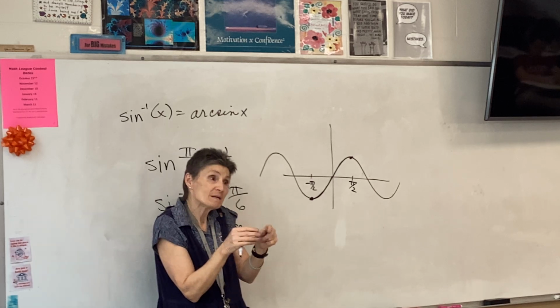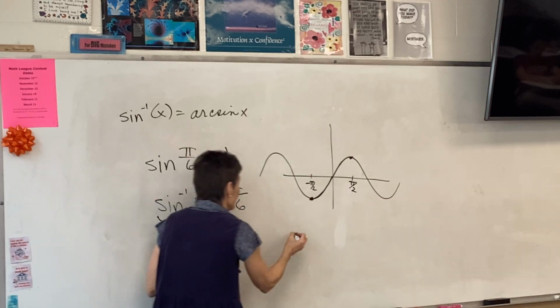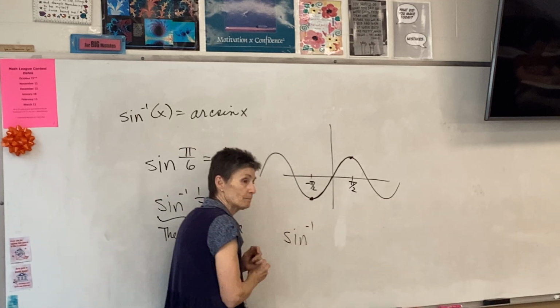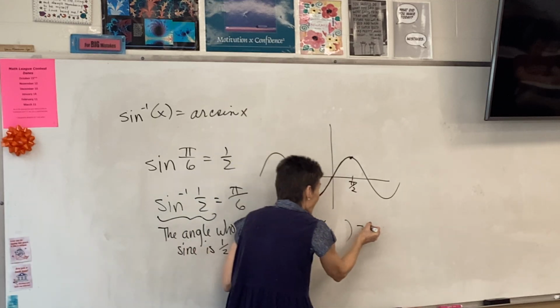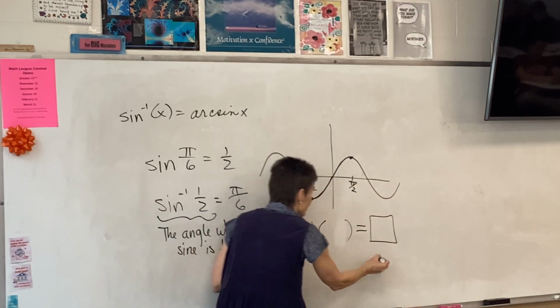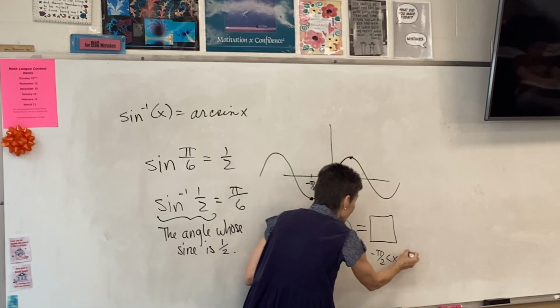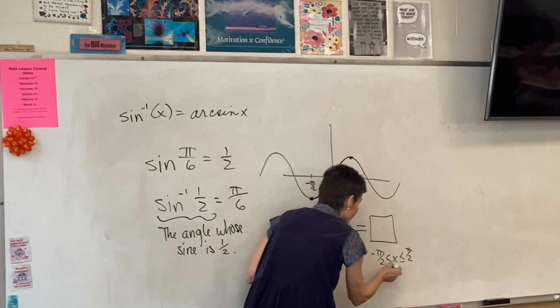Now, what does that mean for us? Well, that means that anytime we see inverse sine notation, whatever answer you write down has to be between negative pi over 2 and pi over 2. Okay?